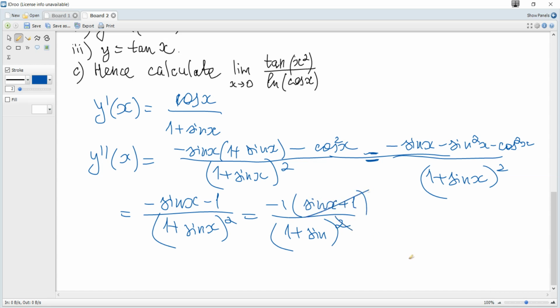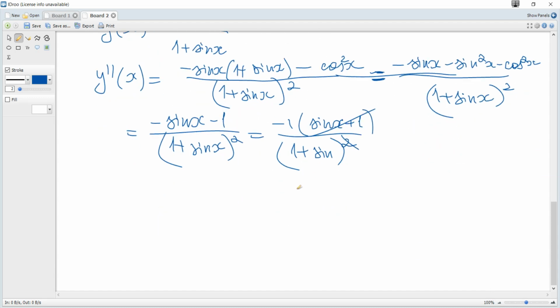We can simplify and it becomes -1 over 1 plus sine of x.